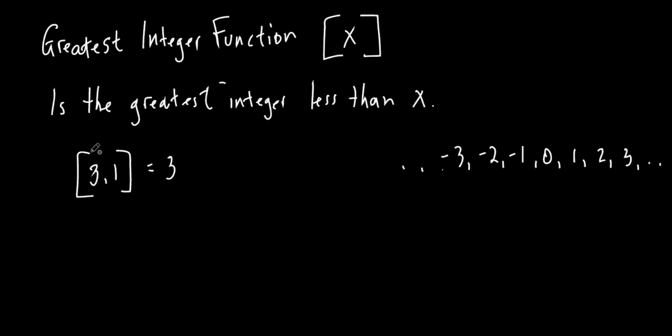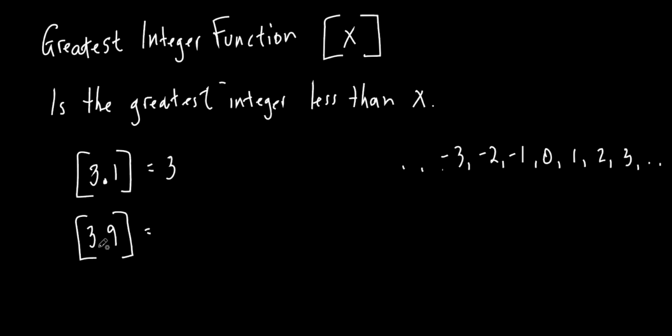When I wrote it down, I said 3.1. What if I had 3.9? What's the greatest integer of 3.9? It's 3. What's the largest integer number? Not just any number, the integer.